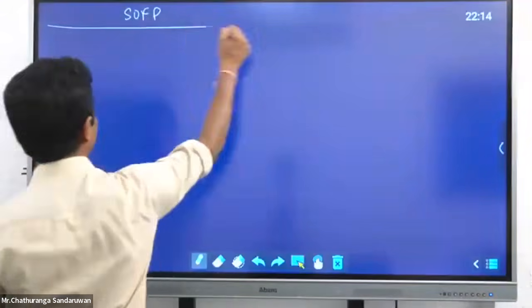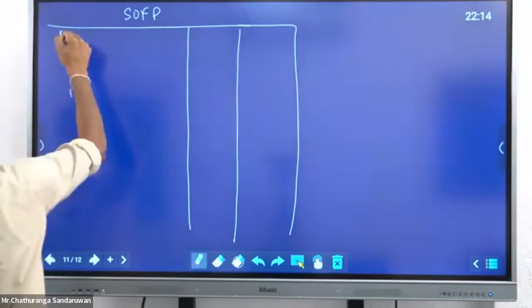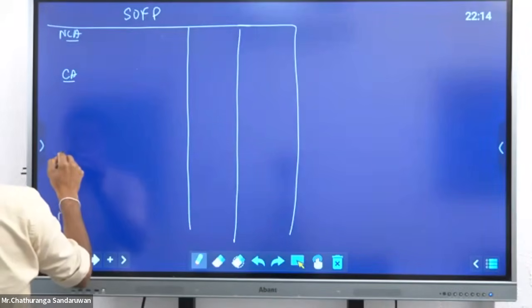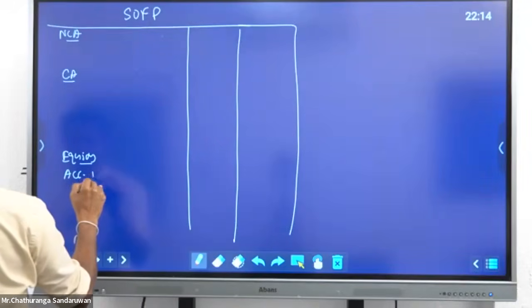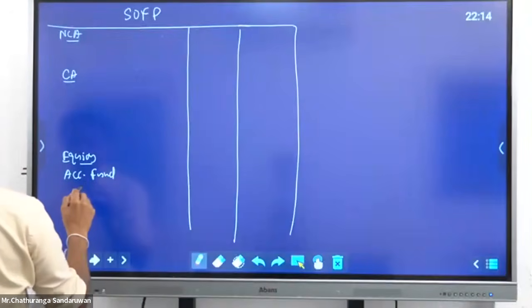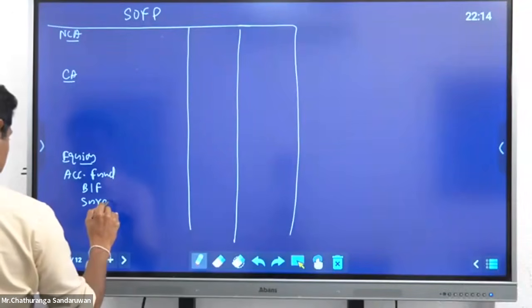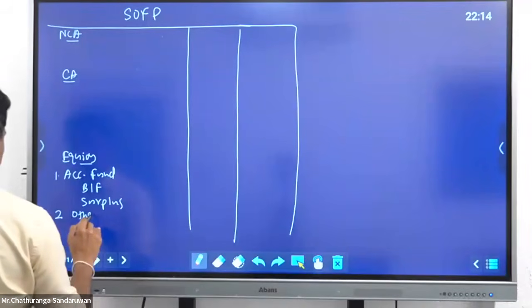SOFP: non-current assets, current assets, equity. Under that, accumulated fund: beginning balance, surplus of the period. Number 2, other funds.